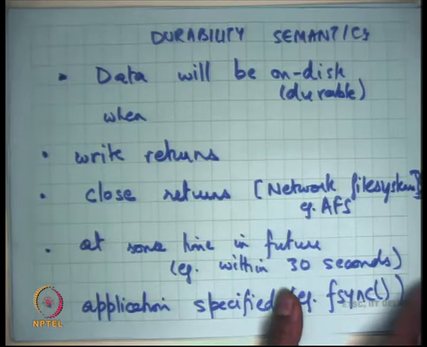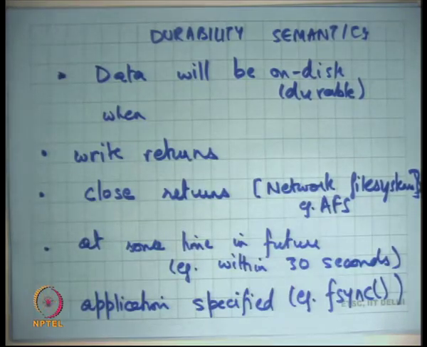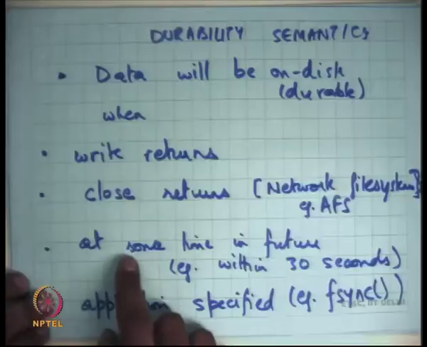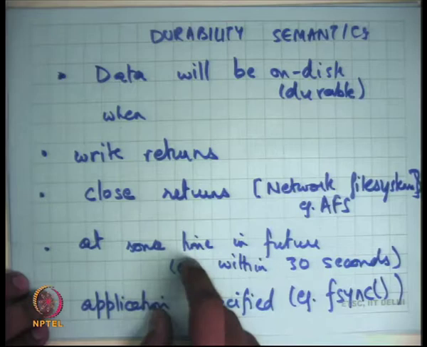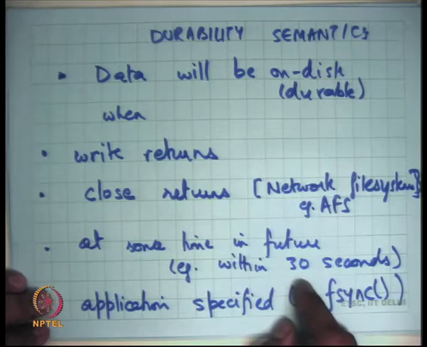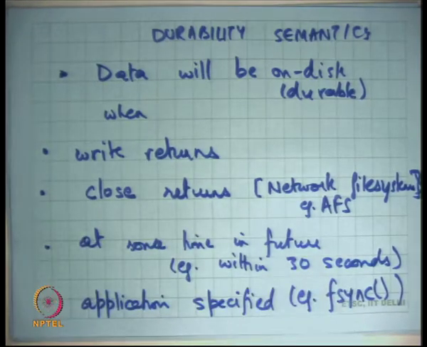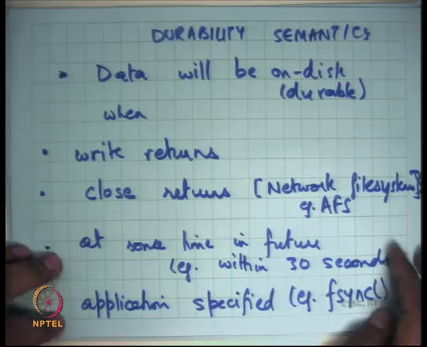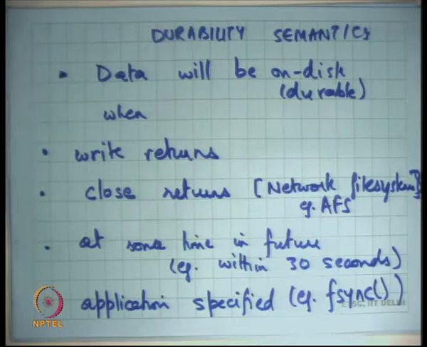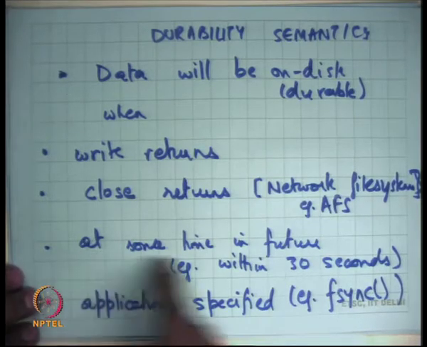Right, so these are all options with which the file system can work, and something like Linux uses this, at some time in future with fsync, because that has the maximum performance. Okay, but when you're doing something like this, you have to be very careful, because if there's a crash, you should ensure that it doesn't corrupt the file system state itself, right. So basically you're playing fast and dirty here.